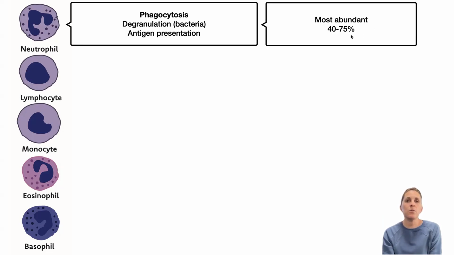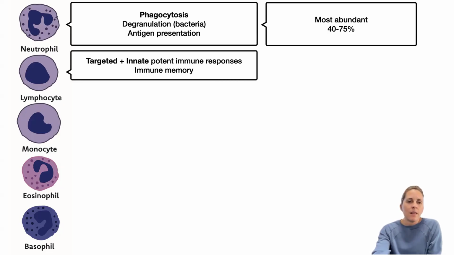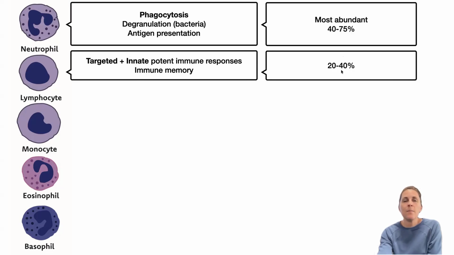So it could be anywhere between 40 and 75%. This is why we need to go through and have blood testing over time. That way, it's a really big range, right? And so if you've got a really big range, what you need to determine is what is your own personal normal. And then we have our lymphocytes. These are our highly targeted, highly specialized cells, also with some innate immune function. These make up about 20 to 40% of our cells, white blood cells.